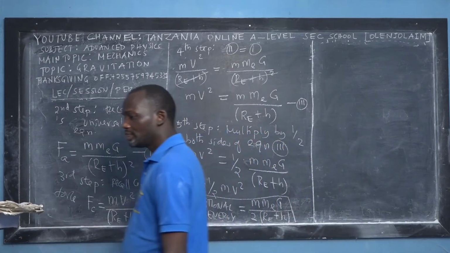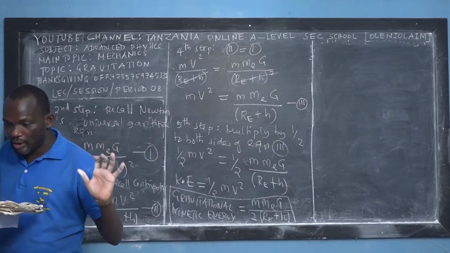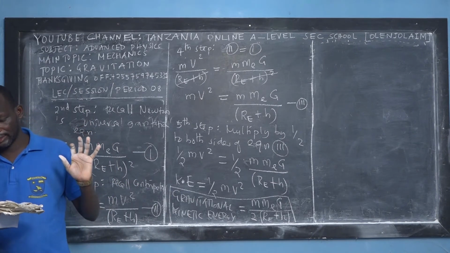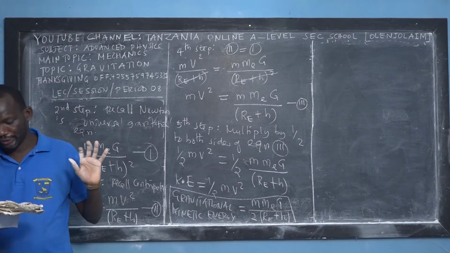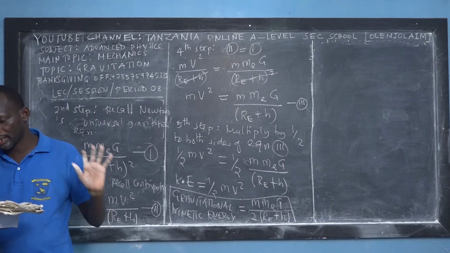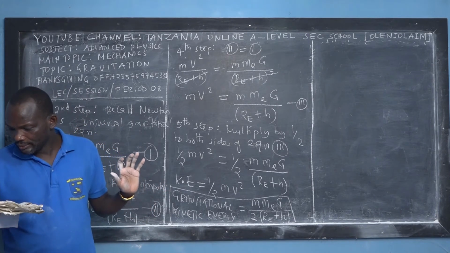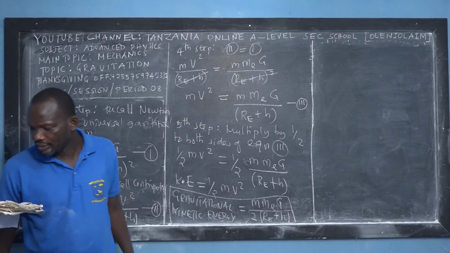The concept now is that we want to know the gravitational total energy of the satellite. That's a very important point, and we have to make sure that we cover it before we end this lecture.